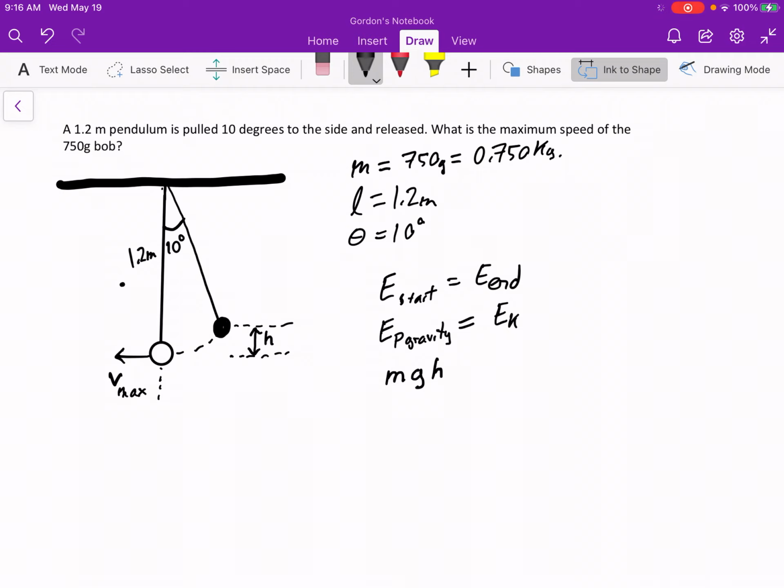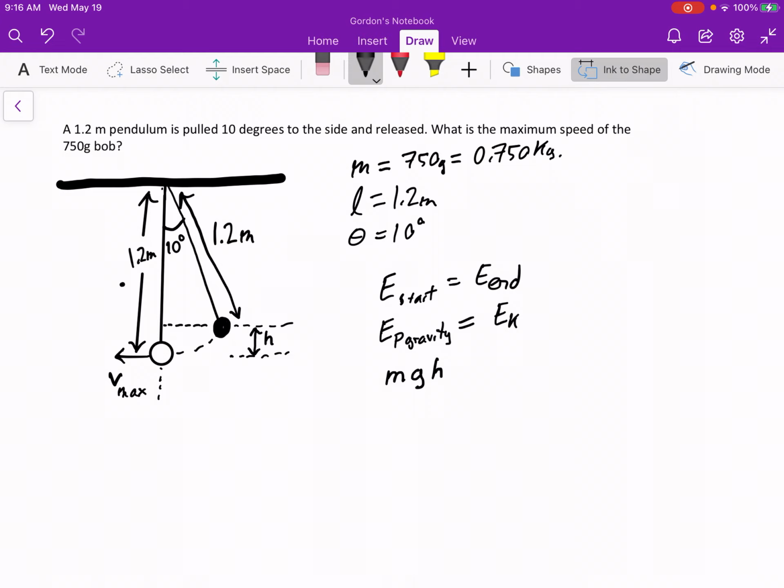And if we want to figure out what this height is, well, we're going to have to do a little bit of trigonometry here. So if we think about this, 1.2 meters is the entire length of this side. When the pendulum has moved to the side, didn't want that to happen. Right. Of course, this is also 1.2 meters because the length of the pendulum isn't changing.